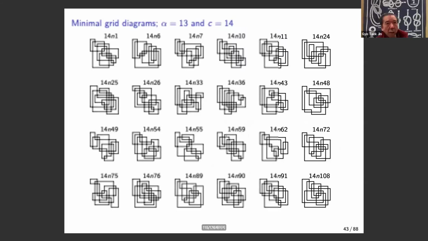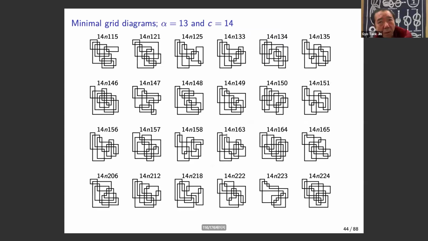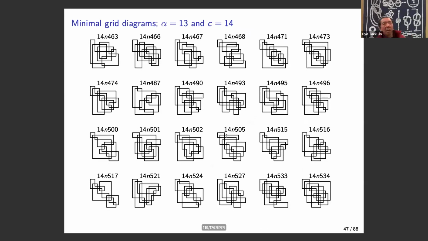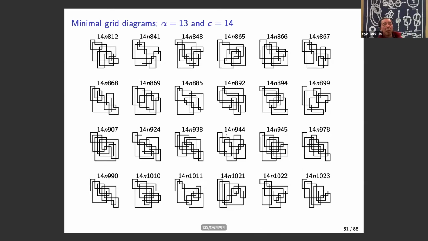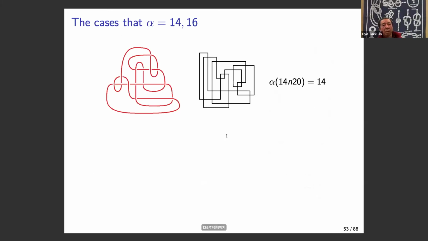So here you have bigger diagrams. And for the case of arc index 14 and 16.